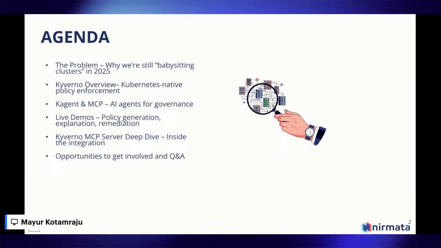I'll walk you through some live demos and then hand it over to Shreyas for a deeper dive into the Kyverno MCP server. Then we'll wrap up with questions and how one can get involved. That's the quick agenda. I know there's a lot to cover, so I'm going to get straight into it, and feel free to ask any questions as I walk through this deep dive.